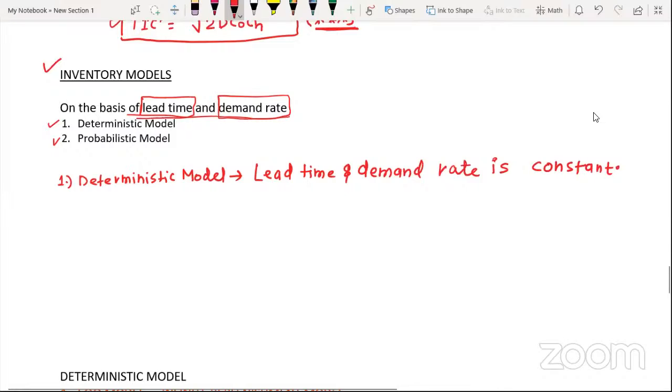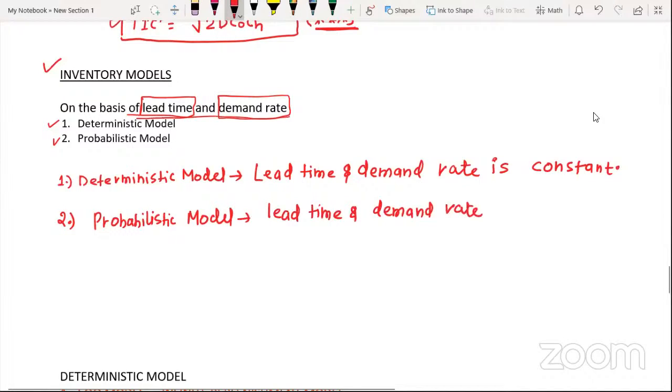But in the probabilistic model, the lead time and demand rate are fluctuating throughout the year.